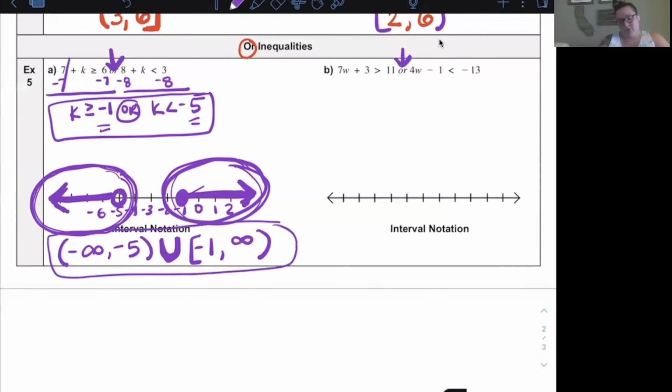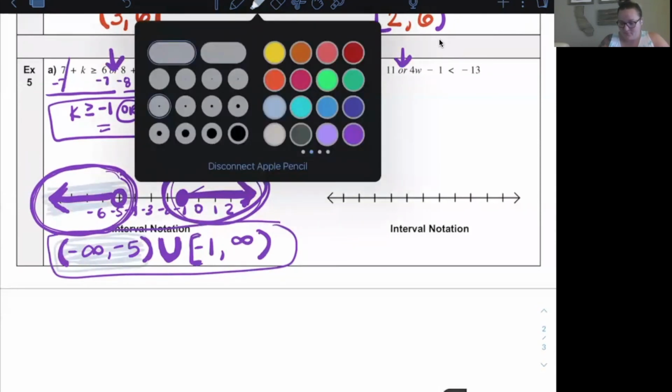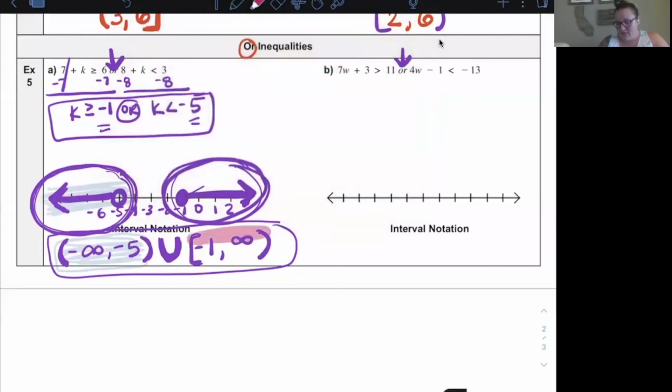So or inequalities get two interval notations that are unioned together. This interval notation describes this part of the graph. And this interval notation describes this part of the graph.